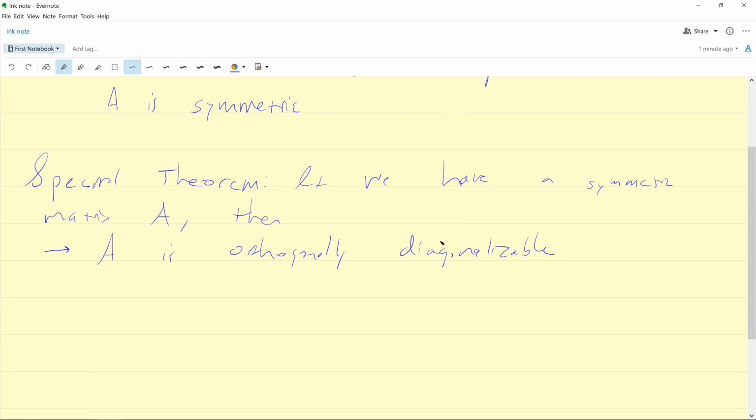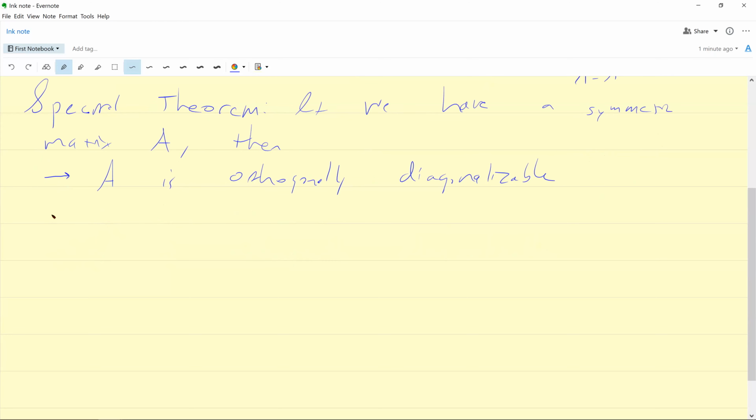Is it that A equals A transpose? Well, that's the hypothesis. If we have A equals A transpose, we're saying it's a symmetric matrix, right? So the hypothesis is if A is a symmetric matrix, then we know a couple of things. So this is the first statement.